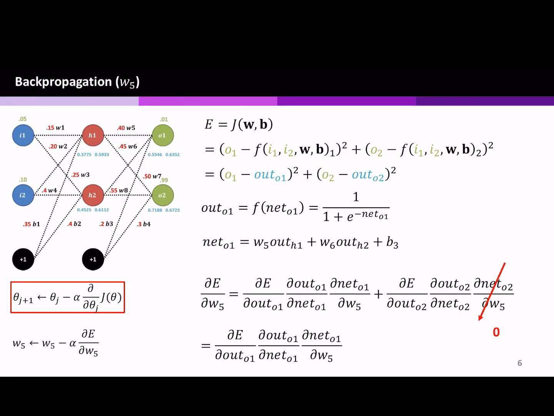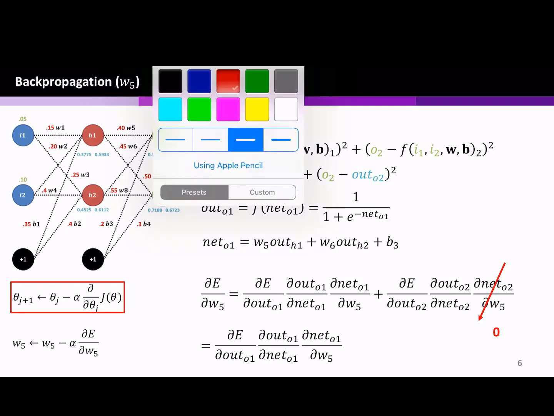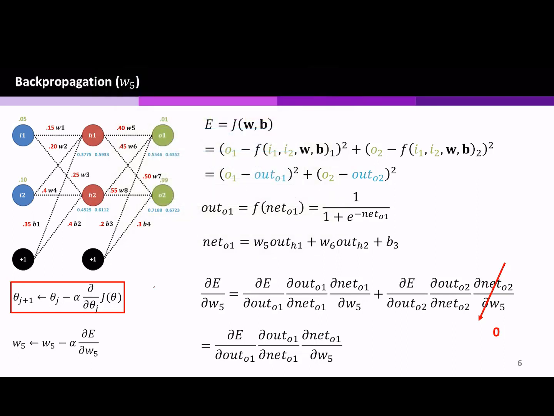In the previous class we did the forward propagation. Forward propagation gives you the value at each neuron, each node. So for each neuron, here's the net, here's the out, right?